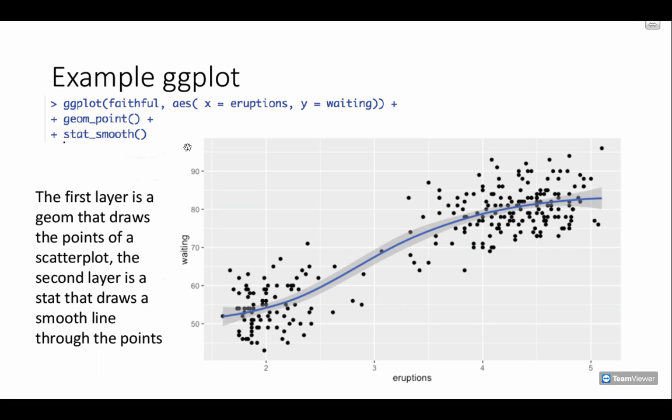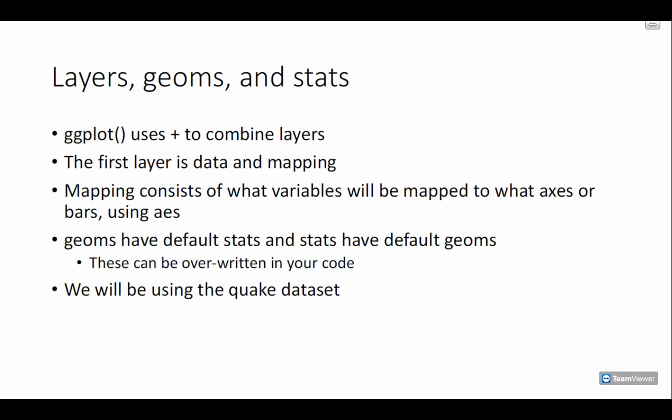I'll tell you what the meaning of this is, but this is our first plot. The first layer sets the panel and the x and y axis, then you add the scatter plot points to it, and then the third layer adds the statistics, which is a smoothing curve.